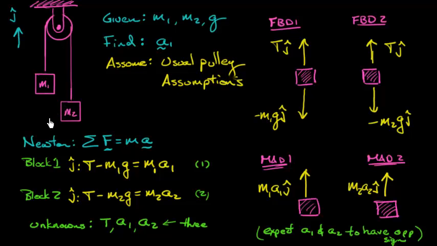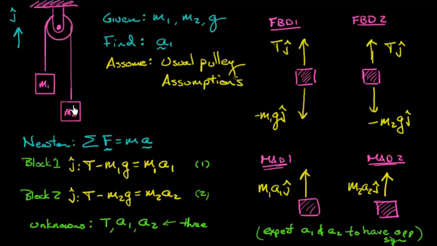And that's because of the constraint. We said that we have this cord, or a rope, connecting those 2 things, and that rope does not stretch. That's part of my pulley assumptions. So if one block moves one way, the other block must move the opposite way, but by the same exact amount. There's that one-to-one relationship between those.